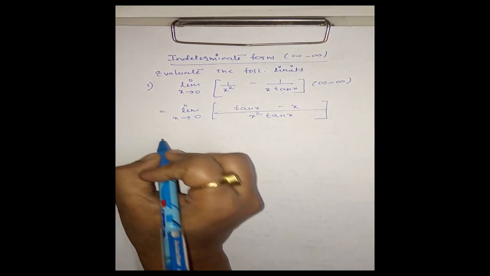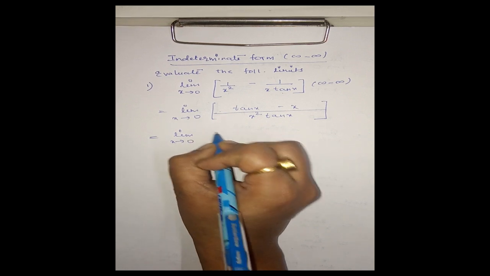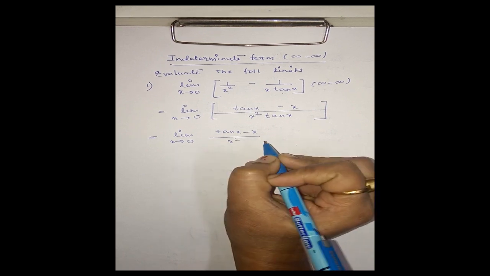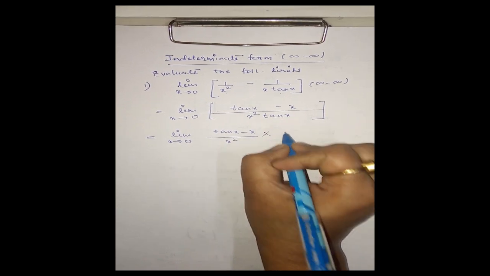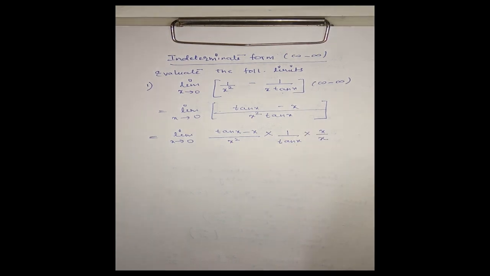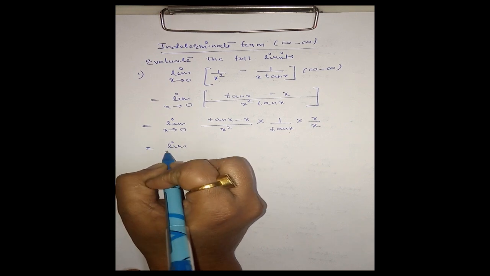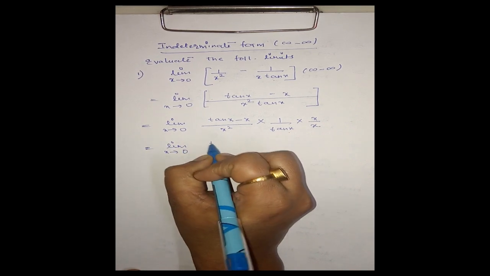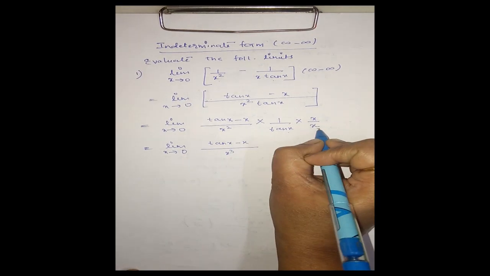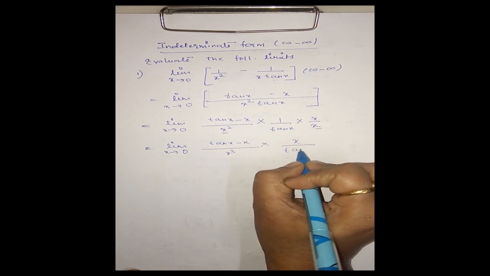Here now I can write this as limit x tending to 0, tan x minus x divided by x square into 1 upon tan x, and dividing and multiplying by x. Okay. Now this is limit x tending to 0, tan x minus x divided by x cube, taking this x to this, and into x by tan x.